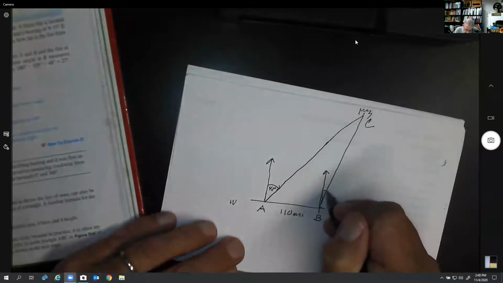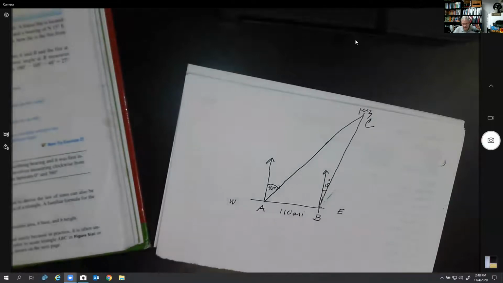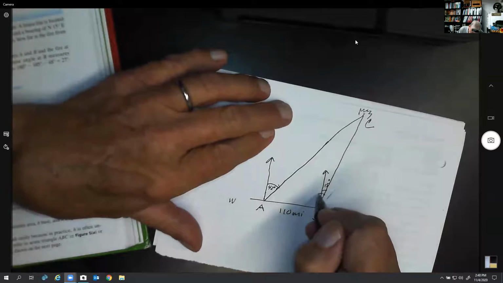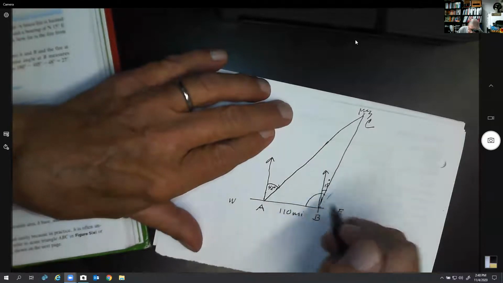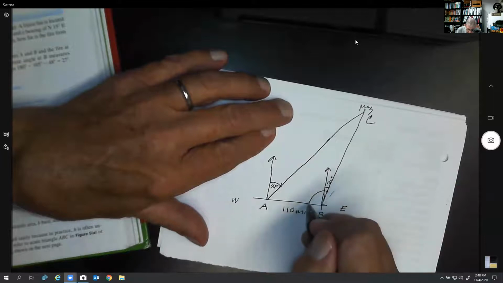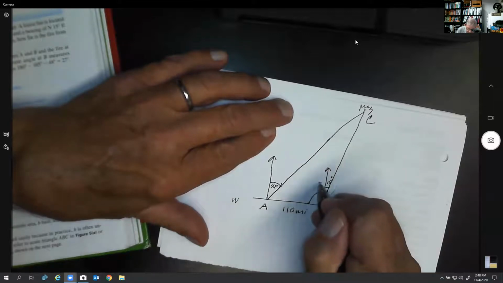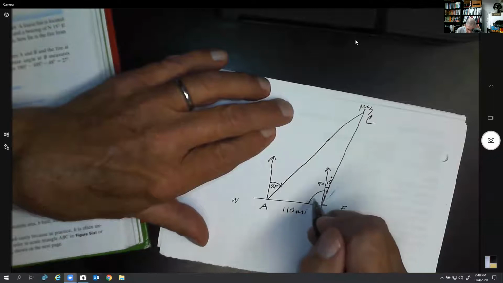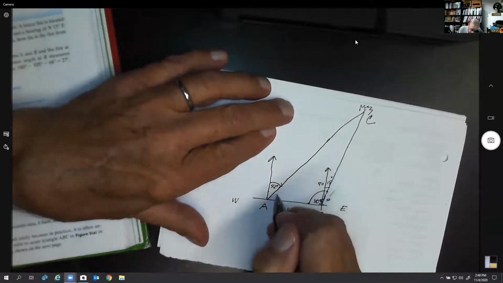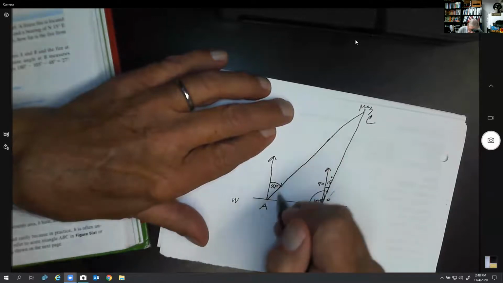And this right here is 15 degrees. Okay, but that's not angle B. Angle B is this whole angle right here. So from here to here would be 15 plus 90. This is 90 degrees. So angle B is 105 degrees. This right here is 90 degrees.